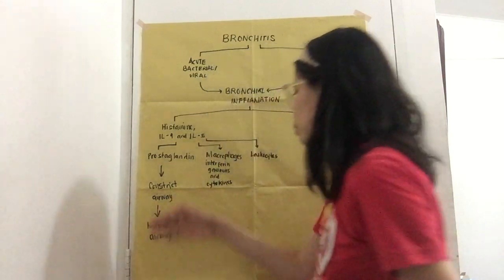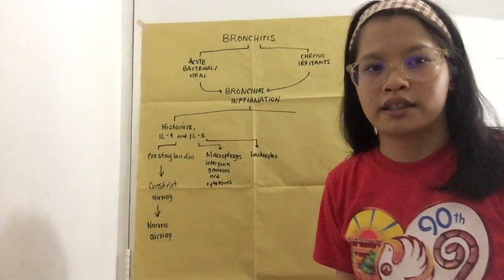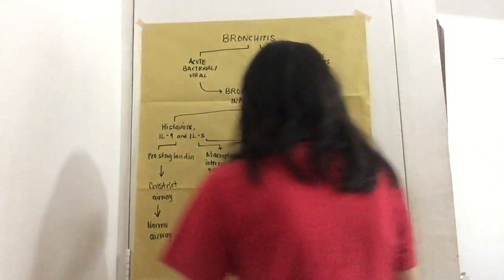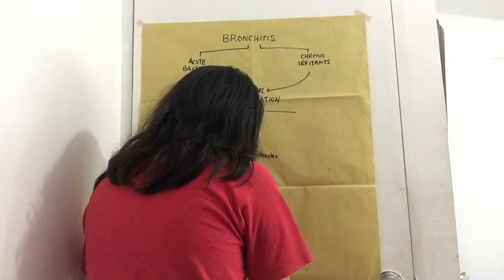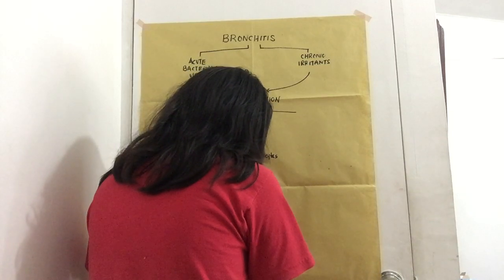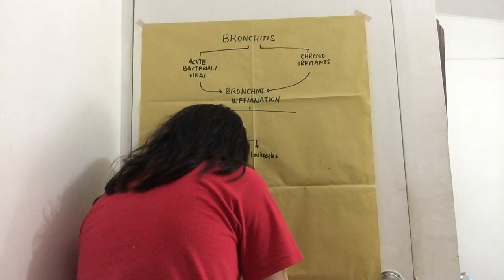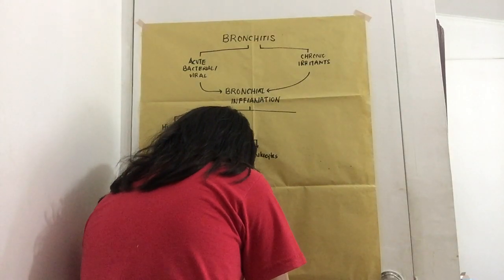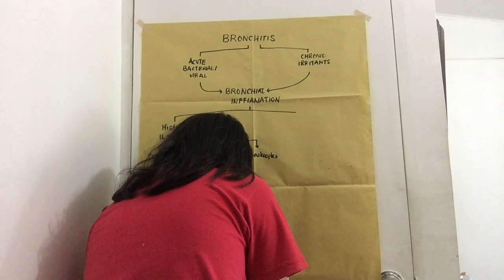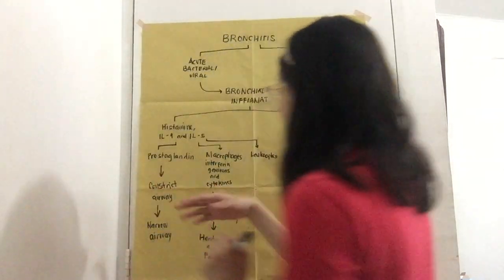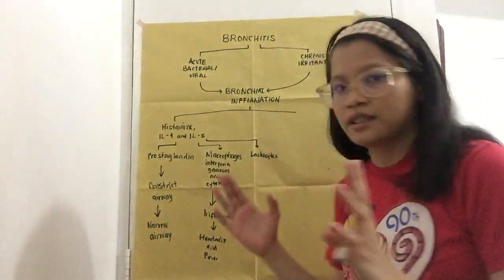Through these three, macrophages, interferon gammas, and cytokines, the inflammatory processes could cause headache and fever. So these are the symptoms from the macrophages, interferon gammas, and cytokines because of their inflammatory processes.